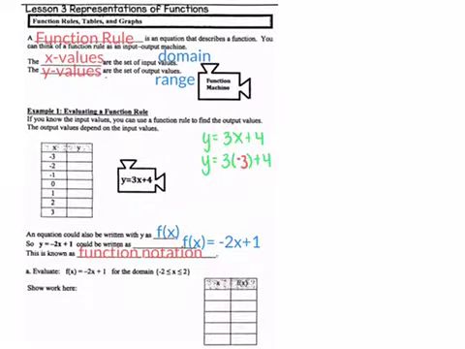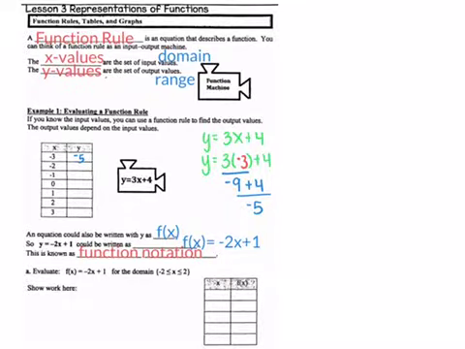So I'm trying a -3 for x. And then I'll just use order of operations to get my answer here, right? So multiplication first, and then addition to finish it out. So if we try a -3 as the value for x, the y value ends up being a -5.